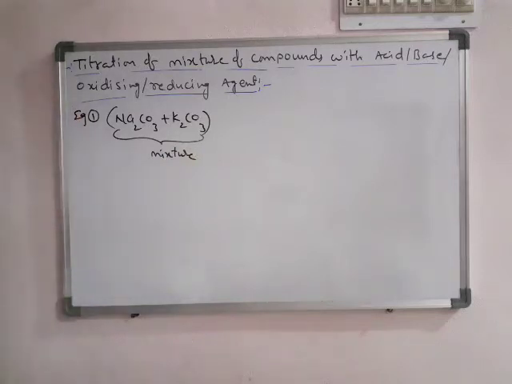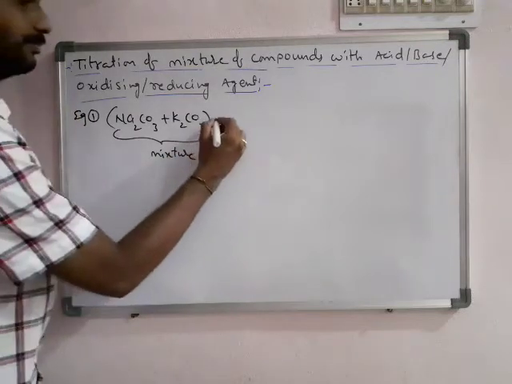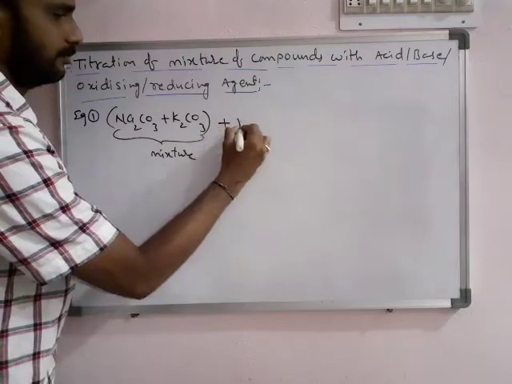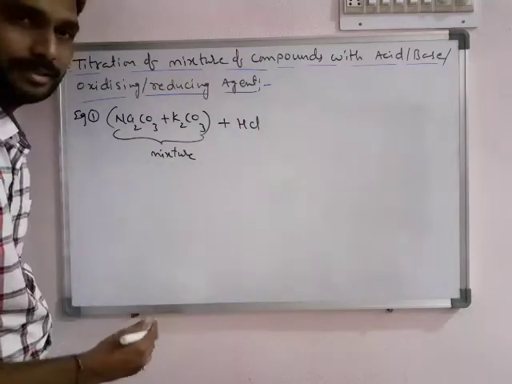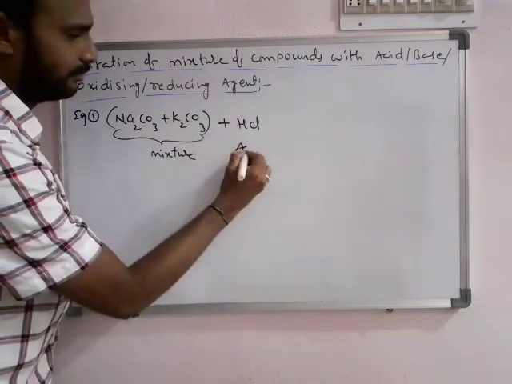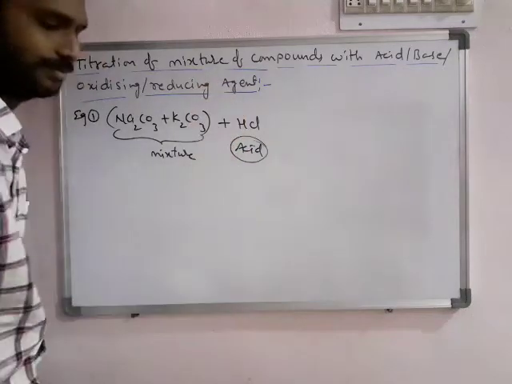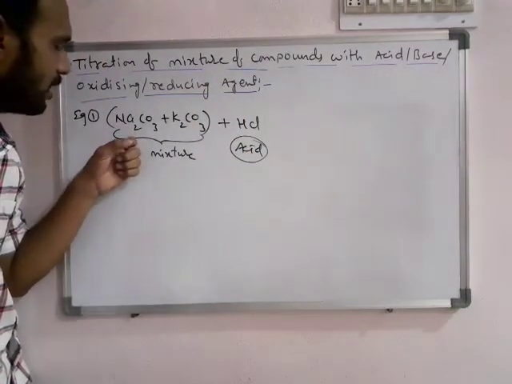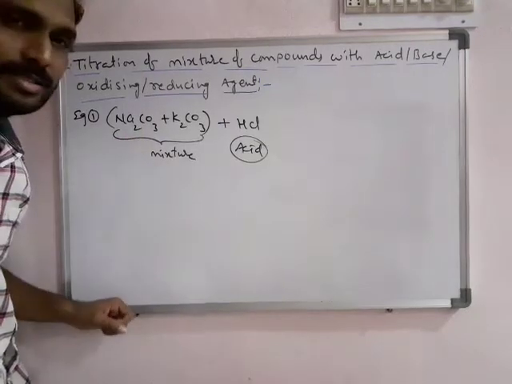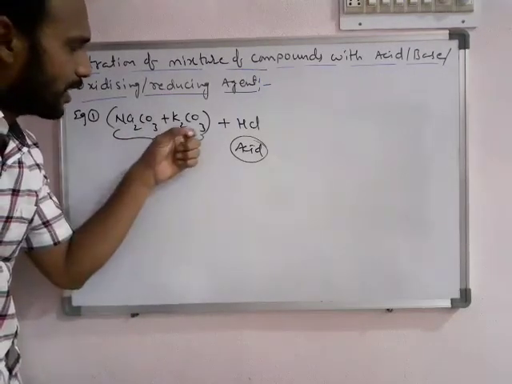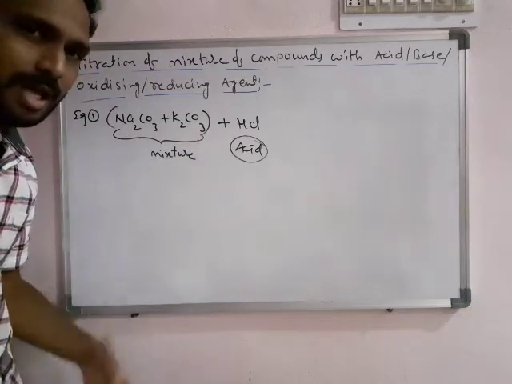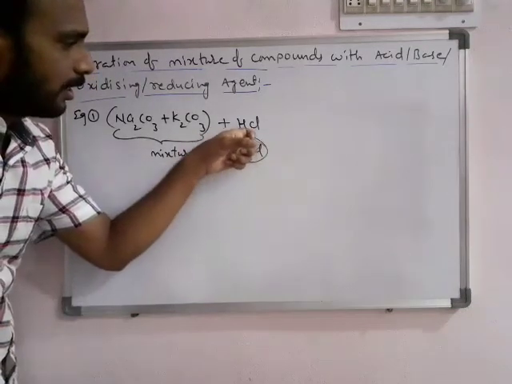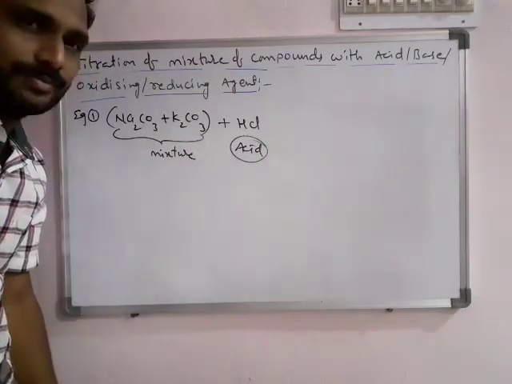Now this mixture is reacted with HCl. Here it is an acid. So how do we estimate the amount of sodium carbonate, the amount of potassium carbonate, or the amount of HCl used?